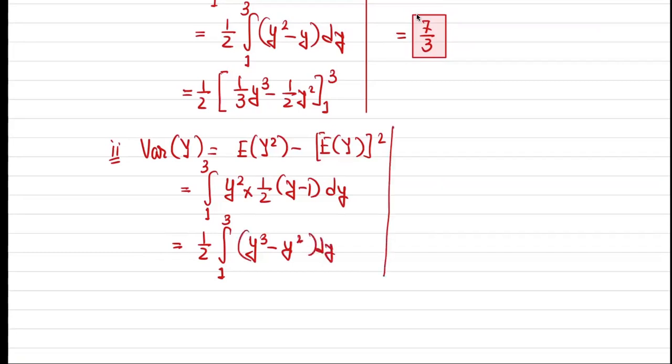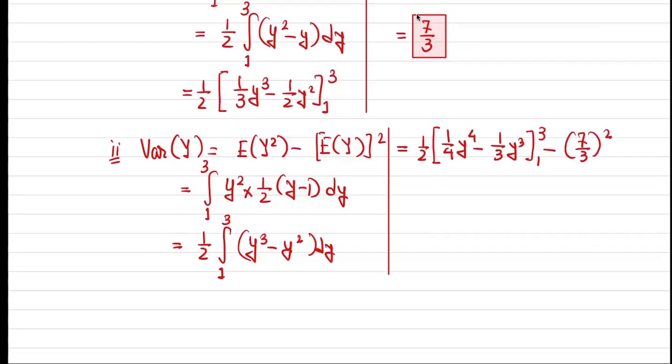So we'll get 1 by 4 y to the power 4 minus 1 by 3 y cubed, from 1 to 3, minus E of y whole squared, 7 by 3 whole squared. So if I put the values now, first of all 3, then I'll get 81 by 4 minus 27 by 3.